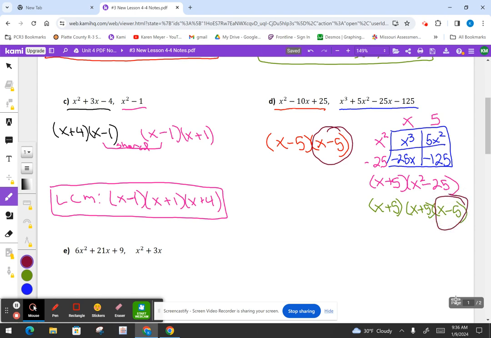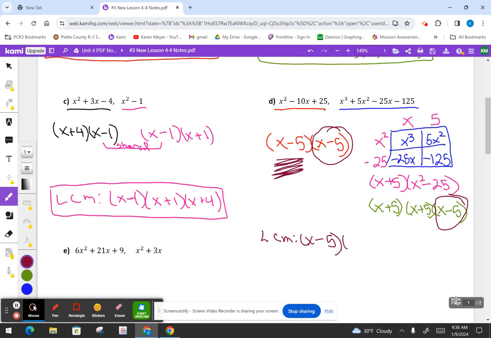So I'm going to write that down one time. So the ones I circled, I'm only going to write one of those down. And then we have to write down everything that's not shared. And do you notice that there happens to be another x minus 5 right here that I can't say is shared because there's only one on the other one, not two?